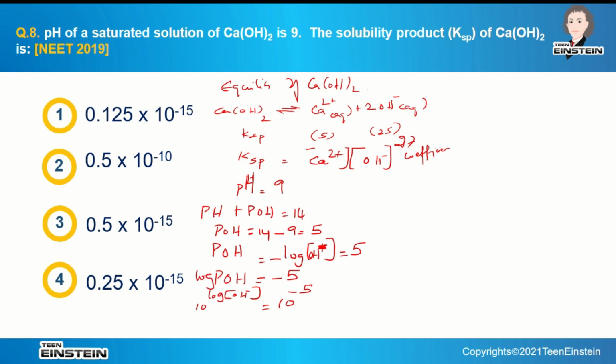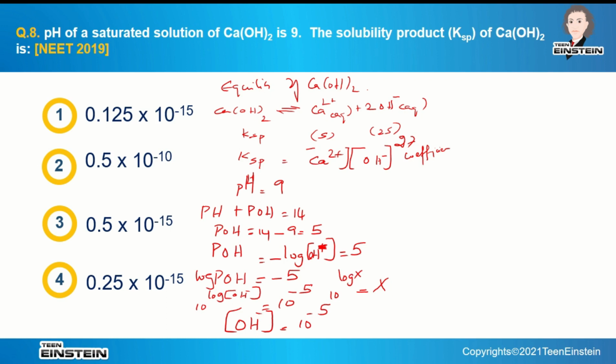So now the property we need to apply is 10 to the power of log x is equal to x. So the concentration of OH− is 10 to the power minus 5.